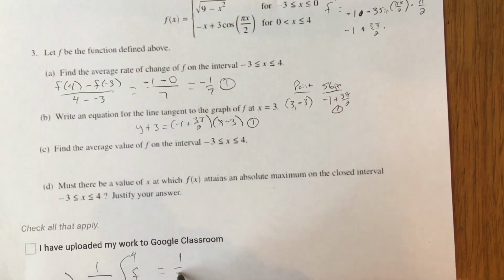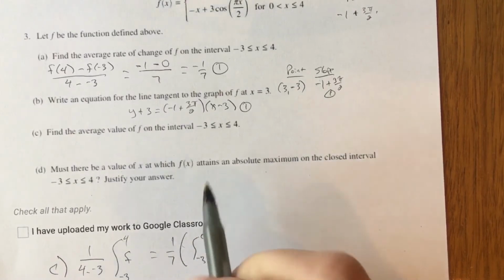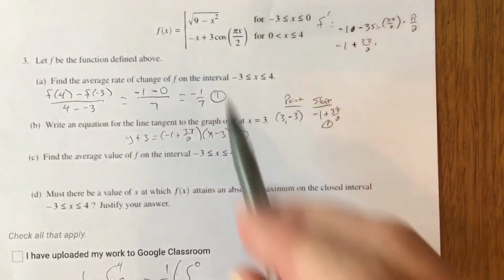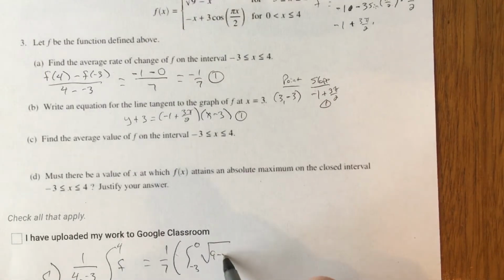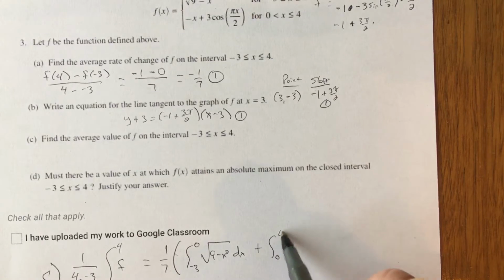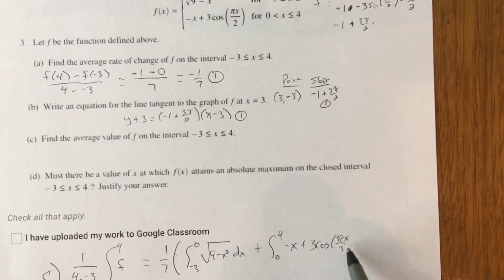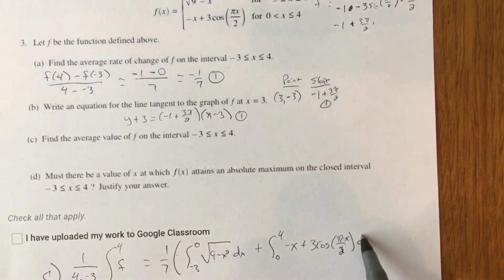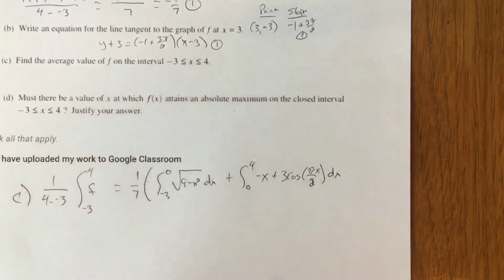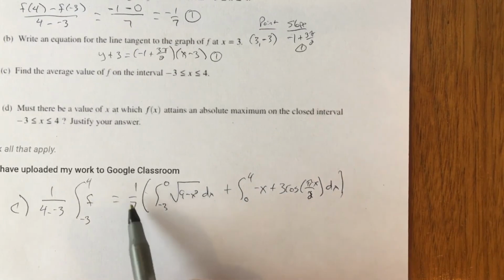It's going to be 1/7 times the integral from -3 to 0 of what that piece is, which is the square root of 9 minus x squared, plus the integral from 0 to 4 of the other piece, cosine pi x over 2 dx. Okay, so now our job is to figure out what these two integrals equal and then multiply by 1/7.